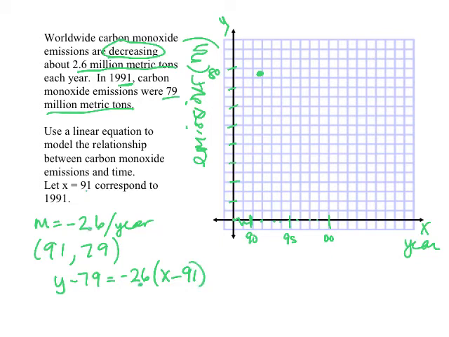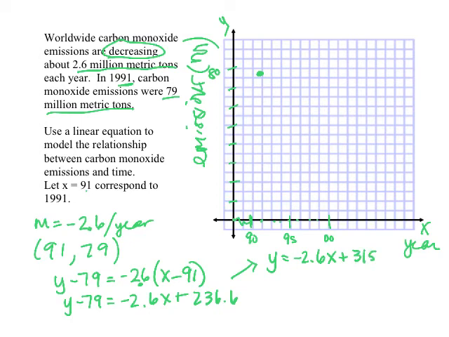We're going to distribute and get y minus 79 equals negative 2.6x plus 236.6. And we're going to add the 79, and we get our equation, y equals negative 2.6x. Don't forget, x represents the year from 1900. And then we have plus 315.6. All right, so that is our equation.